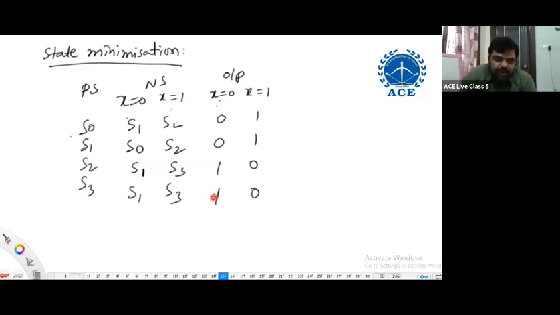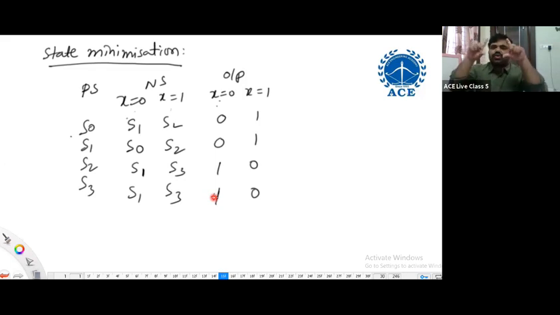Then let us see what we are observing. Please understand correctly. Where is the possibility of an extra state or redundant state? One state is having the behavior of another state. It is the same as another state.